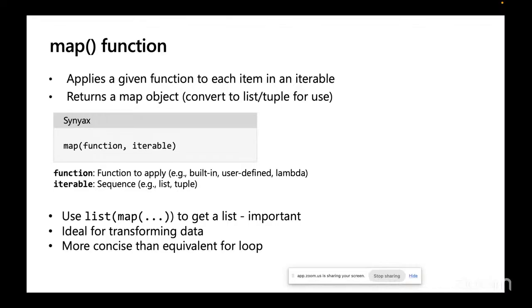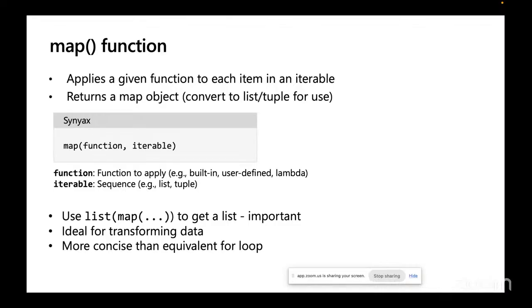One important thing, as I mentioned, it will return a map object. It will not return an object that you can print. Even if you try to print the output of the map function, it will not make any sense. So you have to use another converter function like list, dict, or another function to convert it into an iterable again, and then use it.